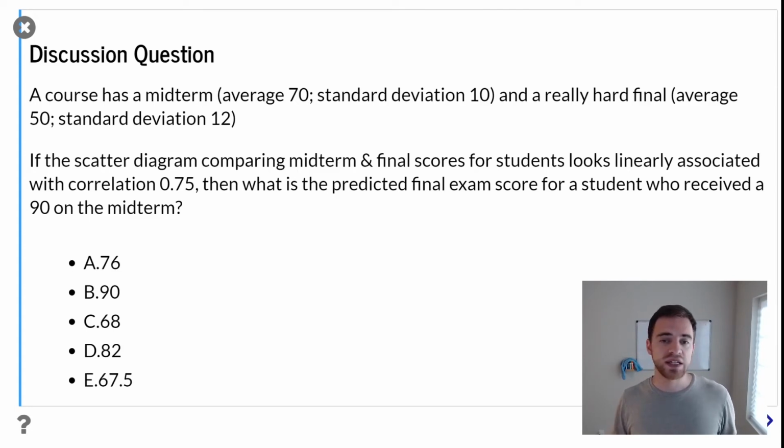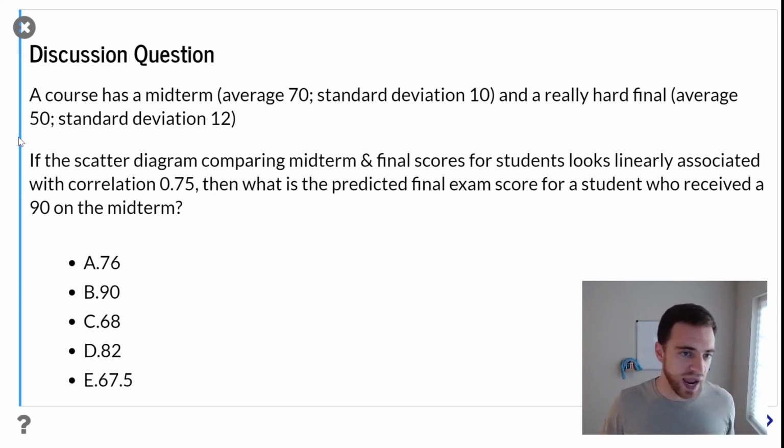Then I need to come up with a prediction for their final exam score. I take their input in standard units, which is 2, multiply by 0.75 or 3/4, so I get 6 over 4, or 1.5 in standard units. So my prediction is a final exam score of 1.5 in standard units. Now I need to convert that back to original units.